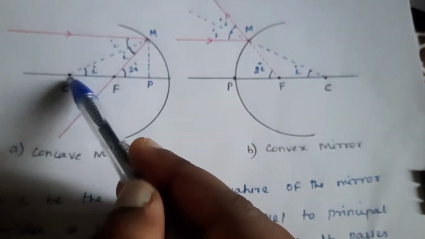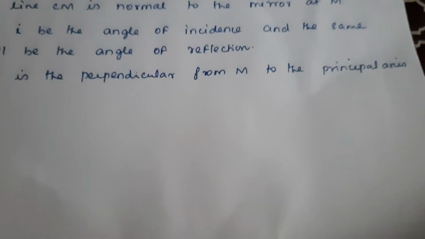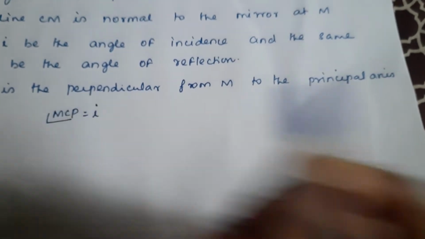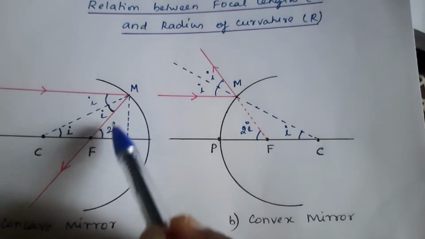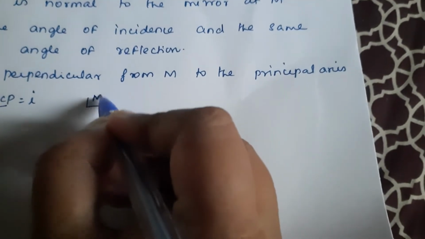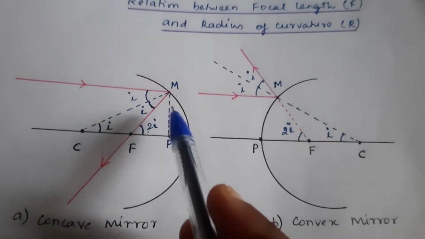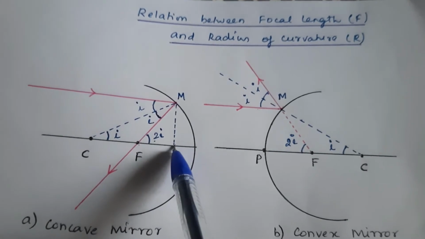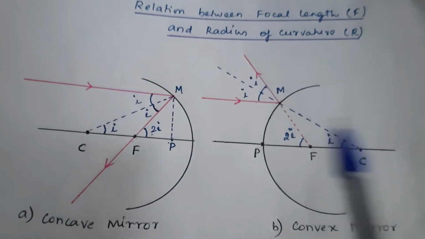Now, angle MCP is I. So, angle MCP is equal to I. Angle MFP is 2I. Now, I am going to consider these two right angle triangles, MCP and MFP.